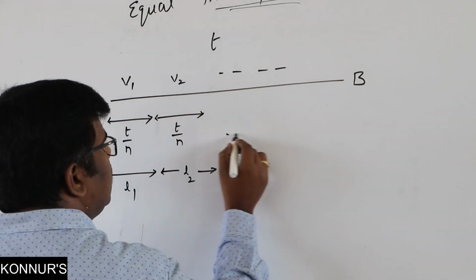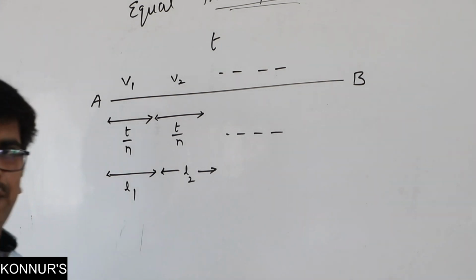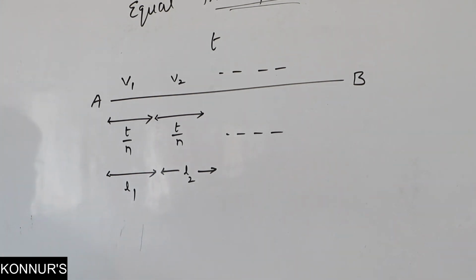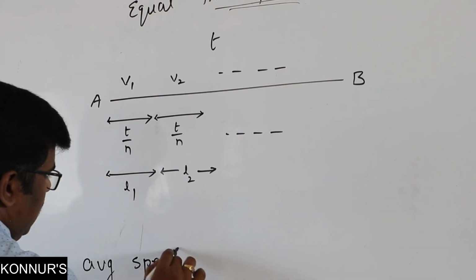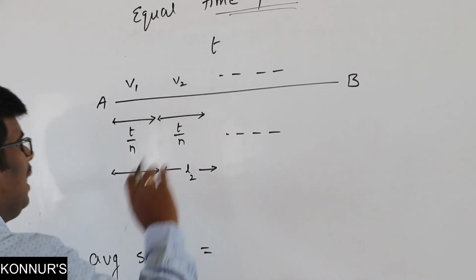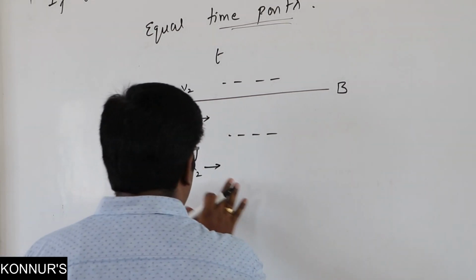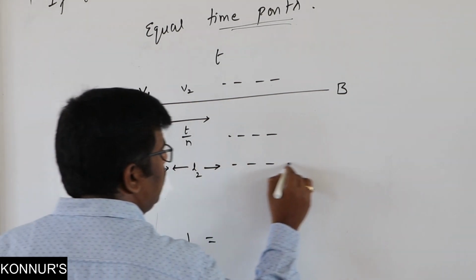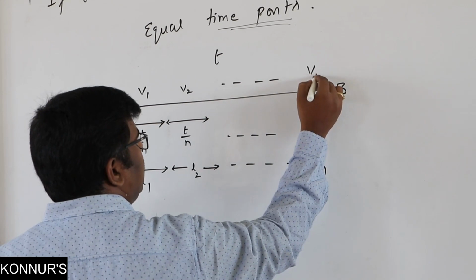Like that, if it is making its journey, then we can say the average speed. The average speed is equal to total displacement. Here total displacement is nothing but total L1 plus L2 and so on, we can write as Ln, and here Vn.